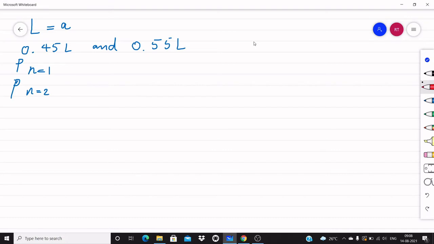We already determined the wave function: psi n of x is equal to the constant, square root of 2 by L, sine n pi x by L. Instead of a you have to write L. That's the only difference.